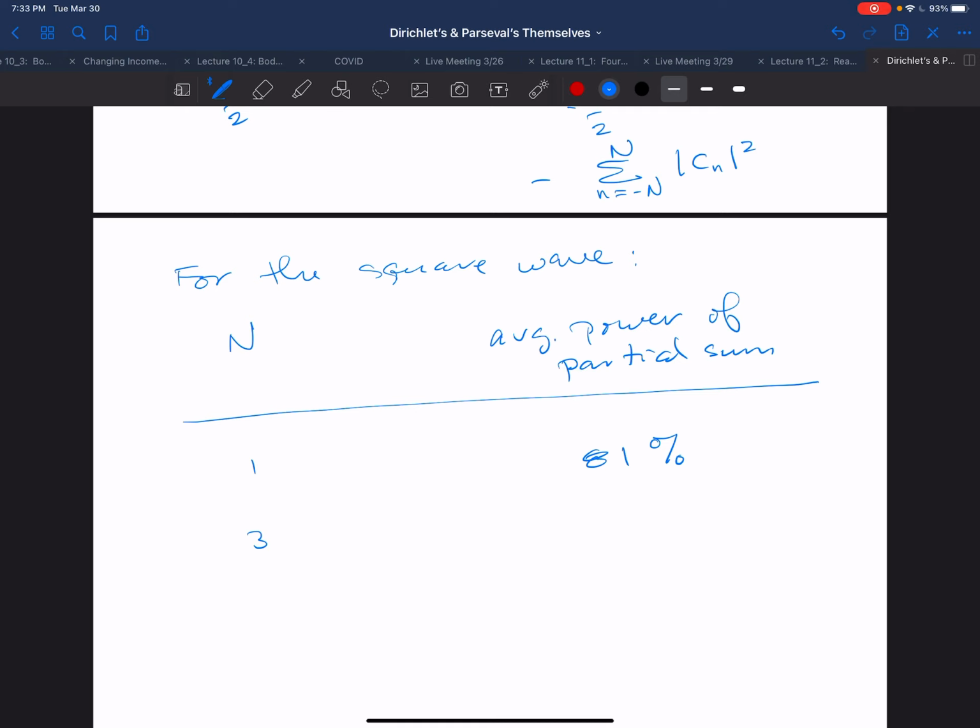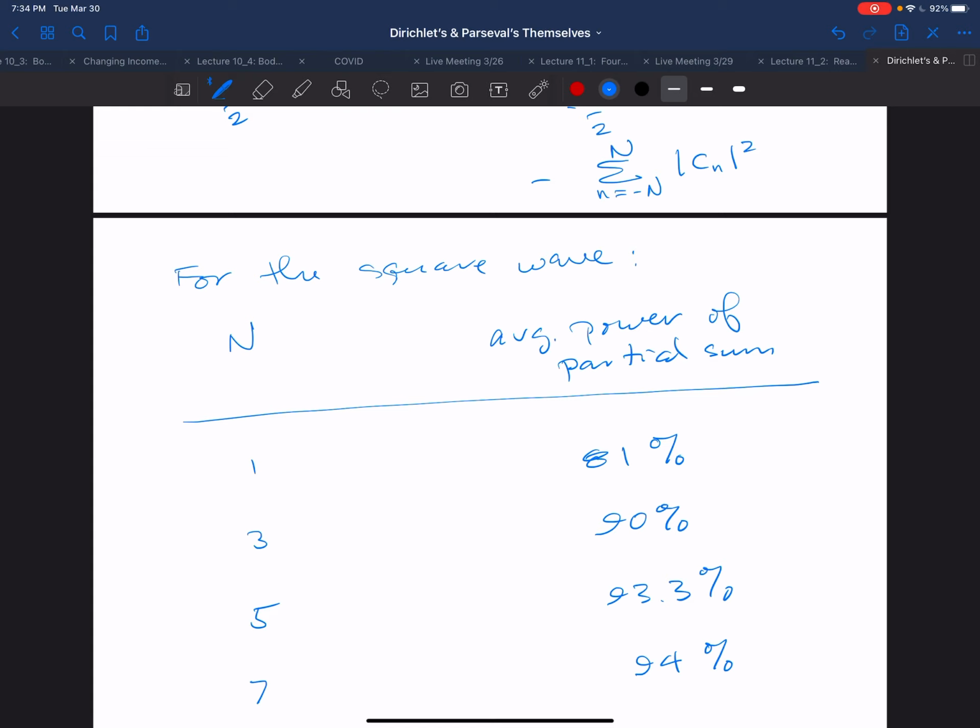If we go to N equals 3, we get 90%. For N equals 5, we get 93.3%. And for N equals 7, 94%. So in terms of power, we seem to be converging reasonably quickly.